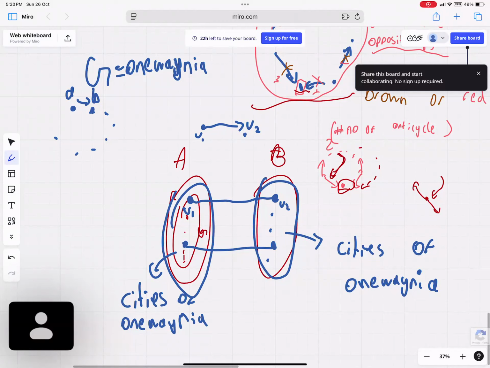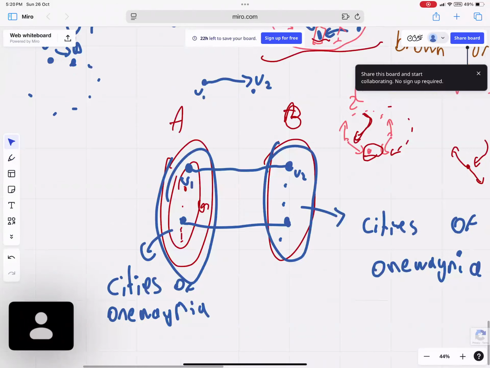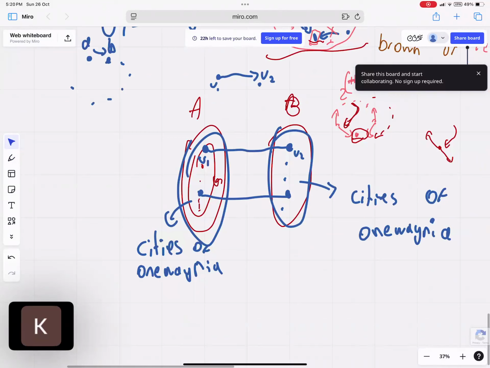What does a graph with every vertex of degree 2 look like? Wouldn't every vertex have degree 4 in the bipartite graph, since there are two edges it points to and two edges which point towards it? No, these two are separate copies of the graph itself. So suppose V1 points to V2 and V3 in the original graph.